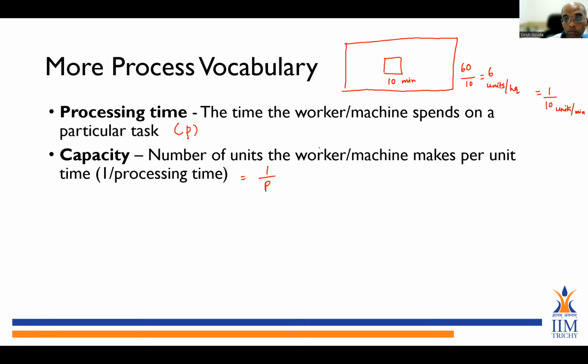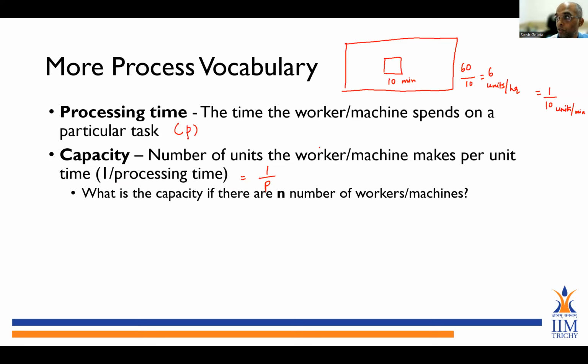Now, if you think about it in general, when we talk about processes, there is not only one particular worker or machine working on that. There could be more than one person working on that. Let's take an example of painting the walls of a house.